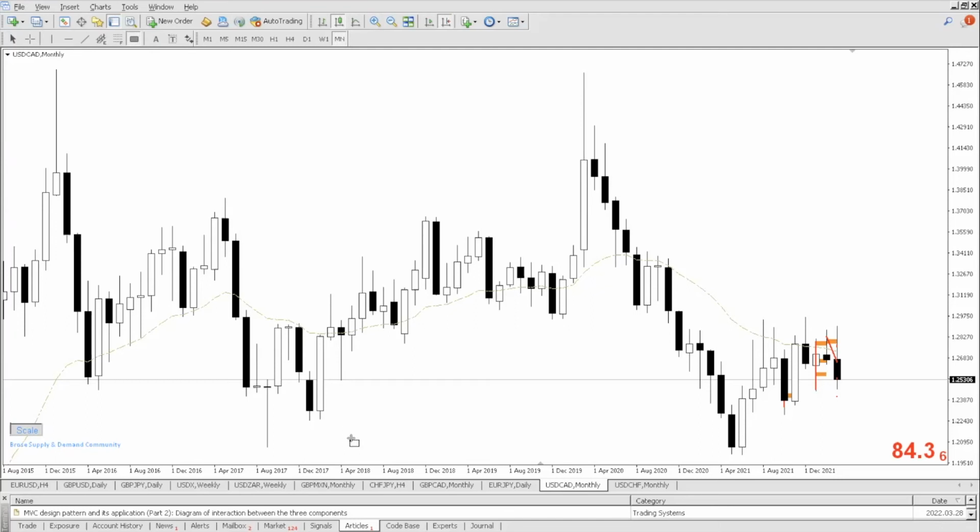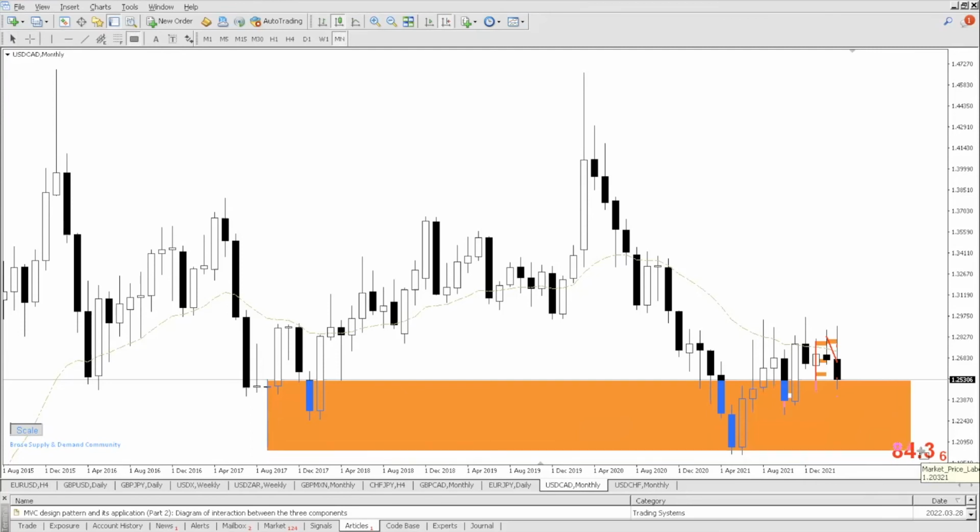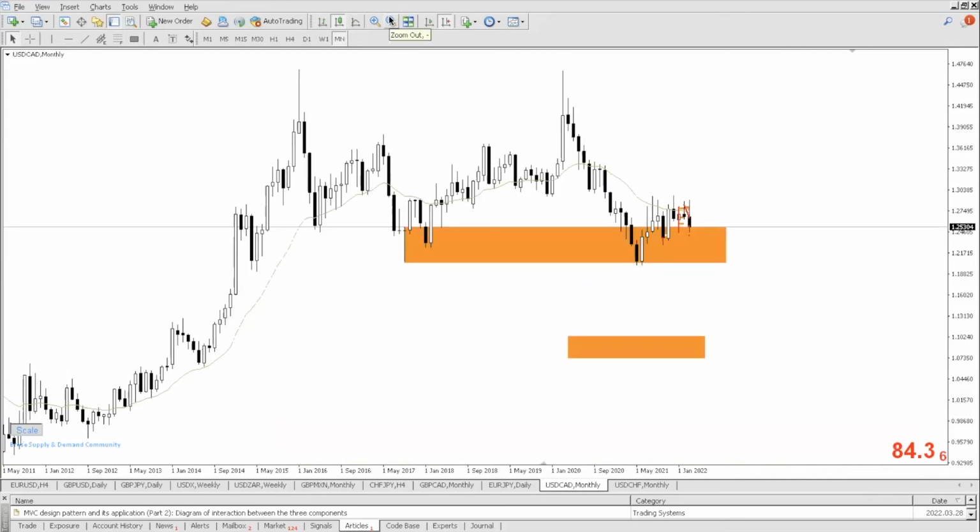Okay, so which area is the valid one? This one here. This is a monthly area. Okay, and what we have to notice also is this tick here.